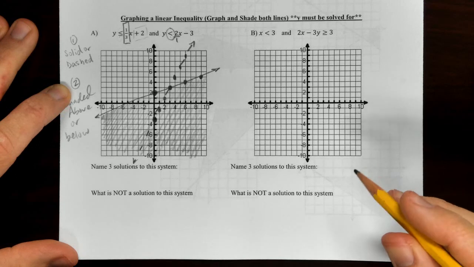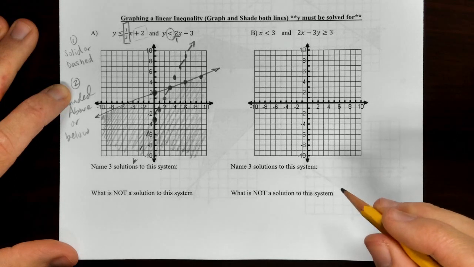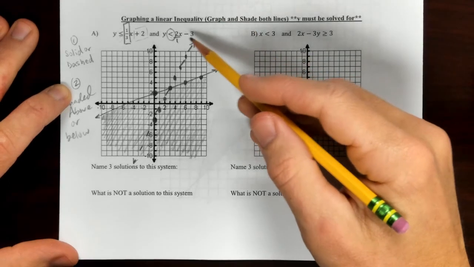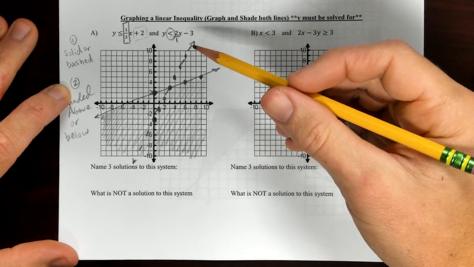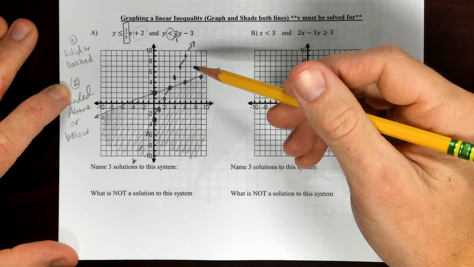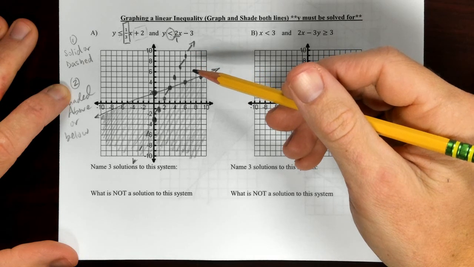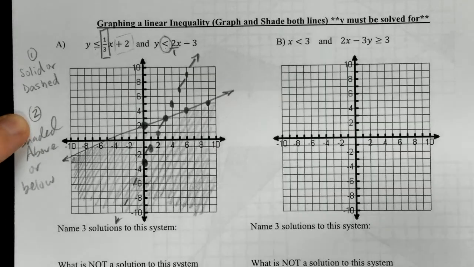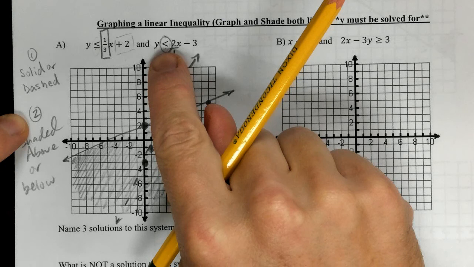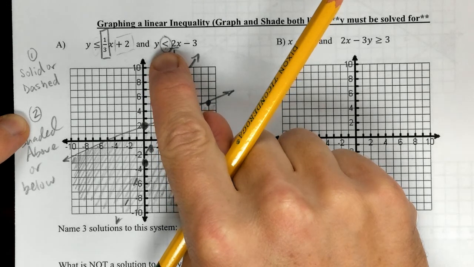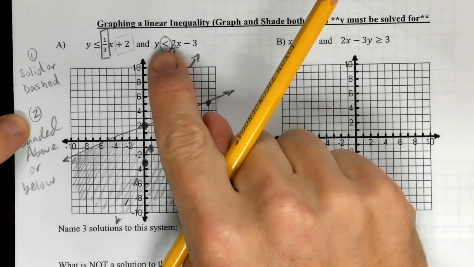Now I need to figure out whether I'm shading above or below. Alright, Andrew, help me out. Am I shading above or below based on that inequality symbol? Tell me in words, what is that inequality symbol?